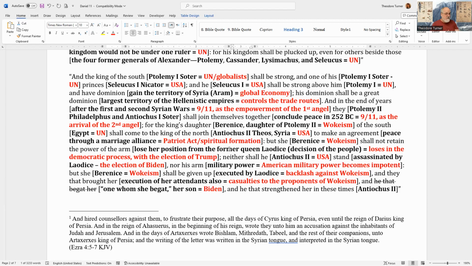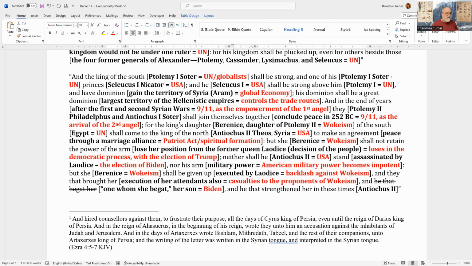And for the king's daughter, Berenice, daughter of Ptolemy II, we're saying this is wokeism. Now, I don't really like that word, except that it is a shorthand for a lot of things. And it just becomes this thing that develops from 9/11 that starts to really grow and dominate our culture.